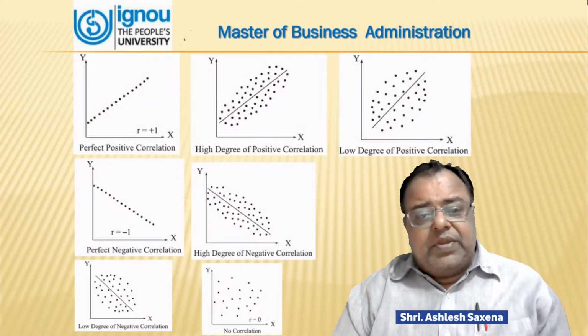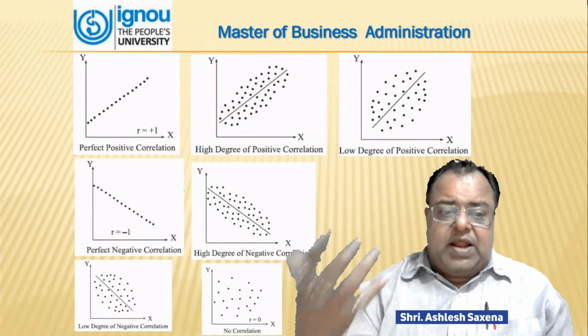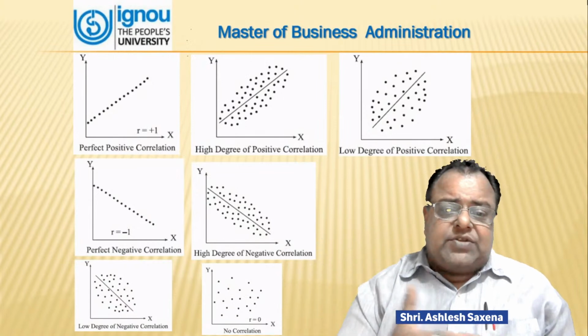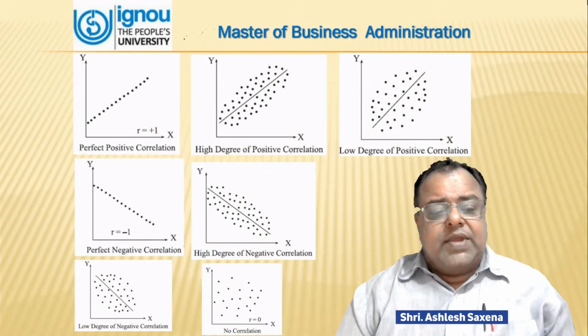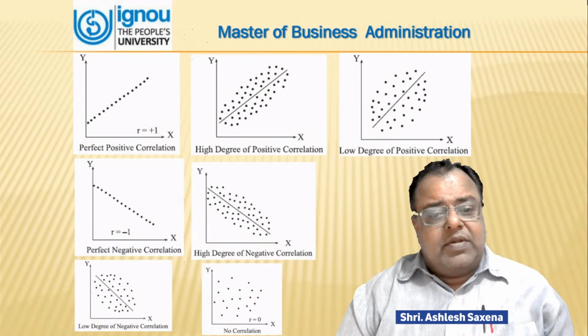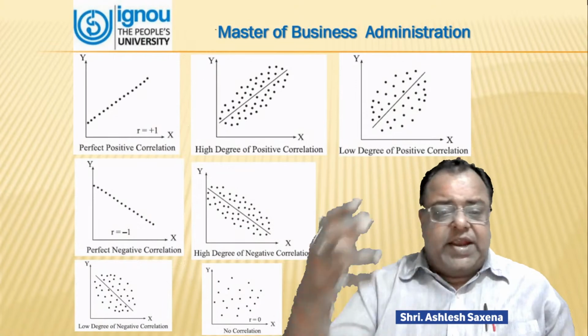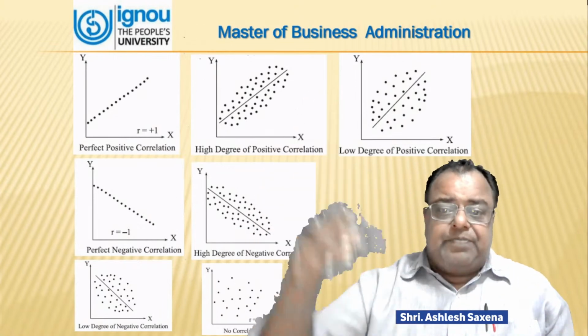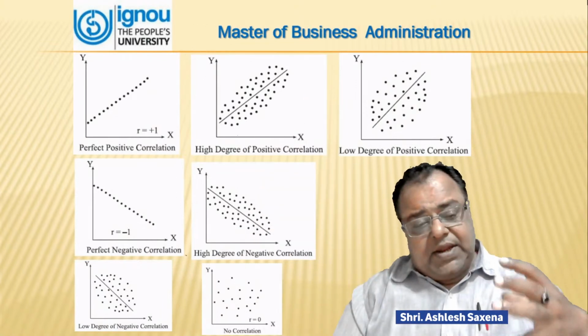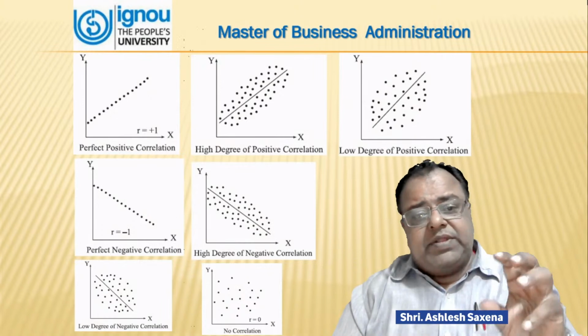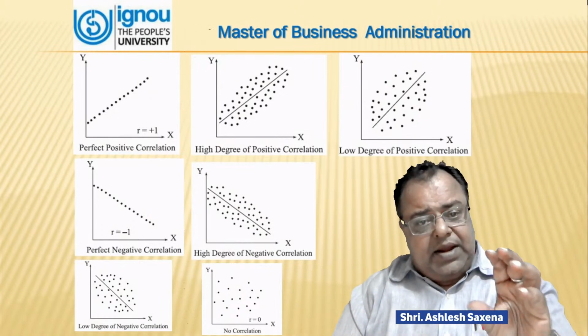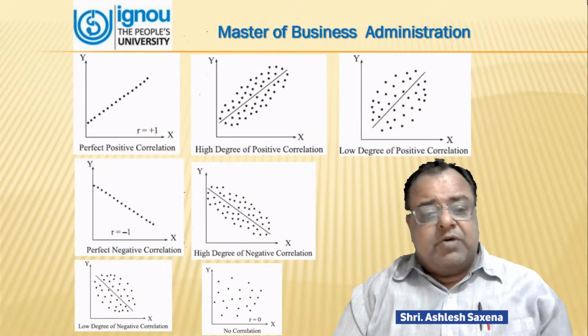You can see it after plotting the observations on the graph. If that is a straight line, that is perfect positive correlation. And if the points are scattered and they are moving up, and the width between them is less, then there is a high degree of positive correlation.